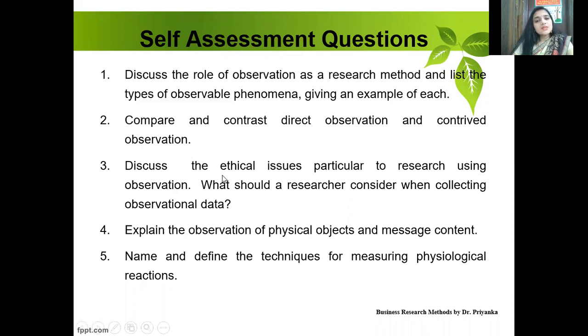Third is discuss the ethical issues particular to research using observation. What should a researcher consider when collecting observational data? Yes, observation methods introduce a number of ethical issues because sometimes you are not telling the subject that they are actually being observed. So it really raises a lot of questions and ethical issues. Hidden observation, for example, raises the maximum ethical issues.